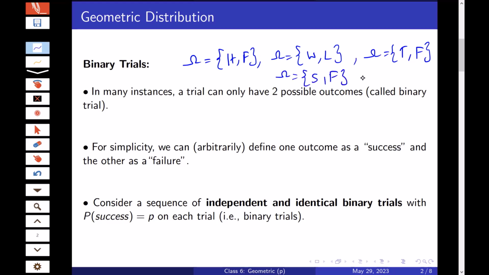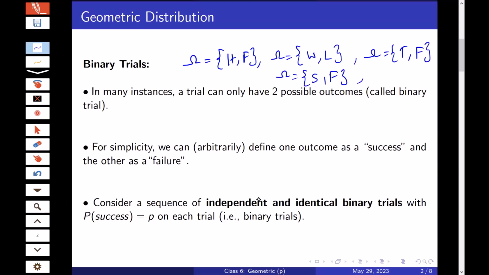Those are examples with binary, or two possible outcomes. Those are also known as binary trials. Binary means two. According to the context, we can define one of these outcomes as a success, and the other one will be the failure.